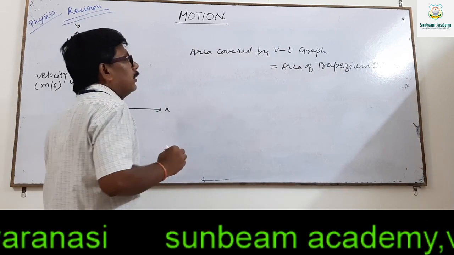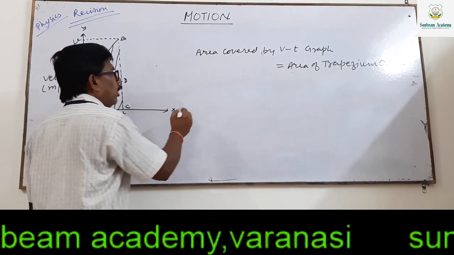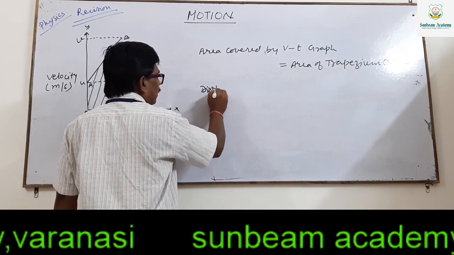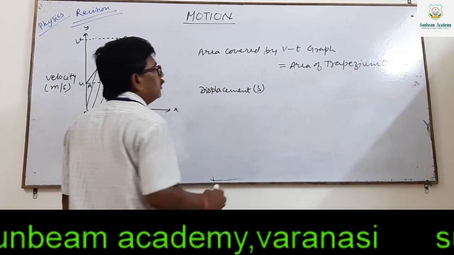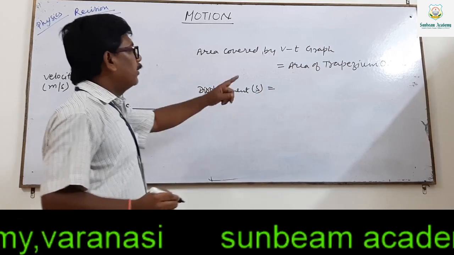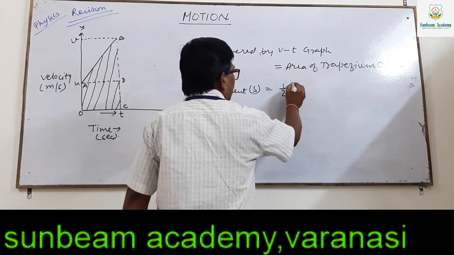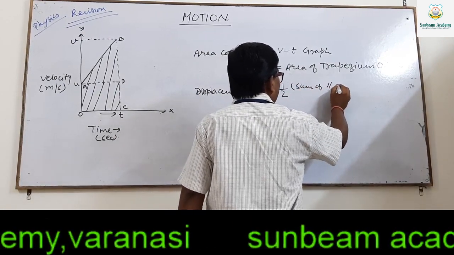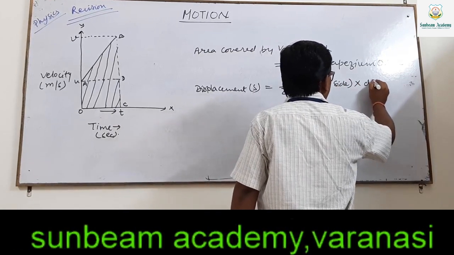Since you know that the area covered by the velocity time graph gives the value of displacement or distance, displacement S is equal to the area of trapezium. The area of a trapezium, you know, is half into the sum of parallel sides into the distance between them.